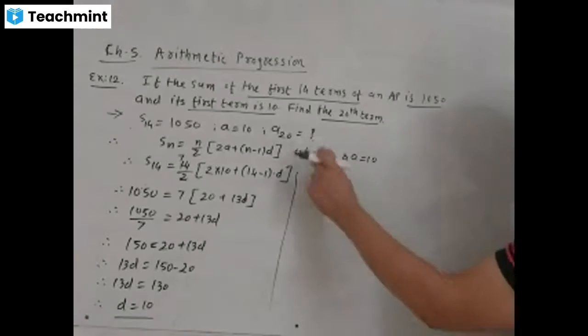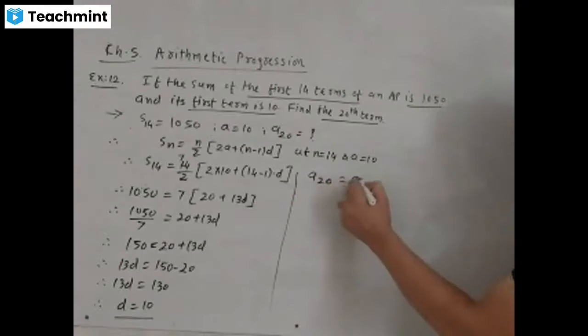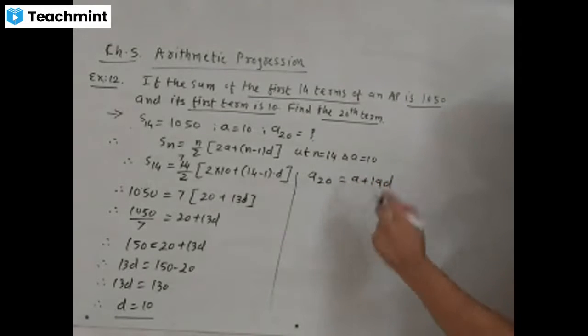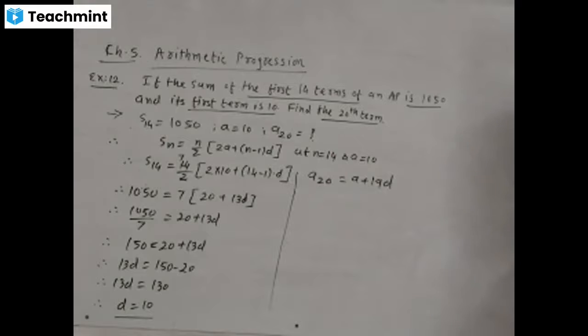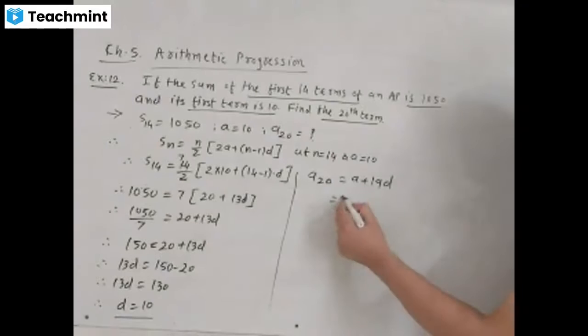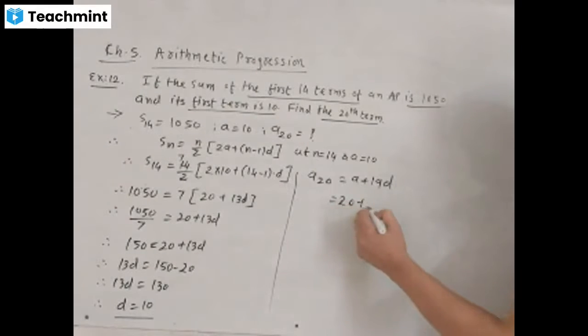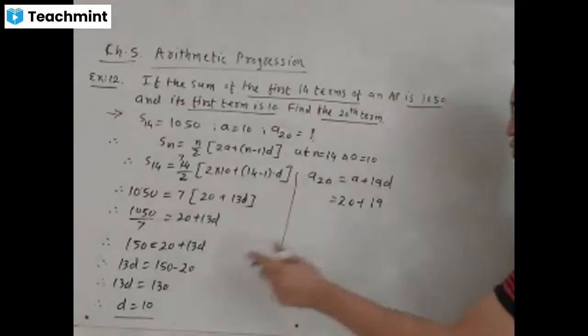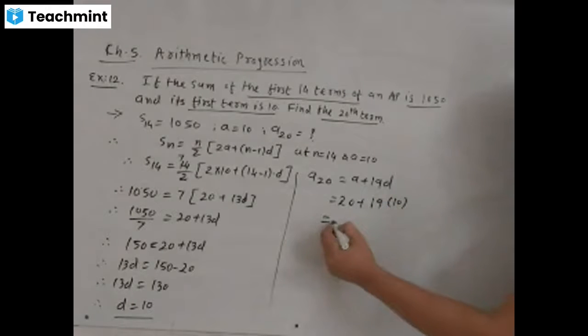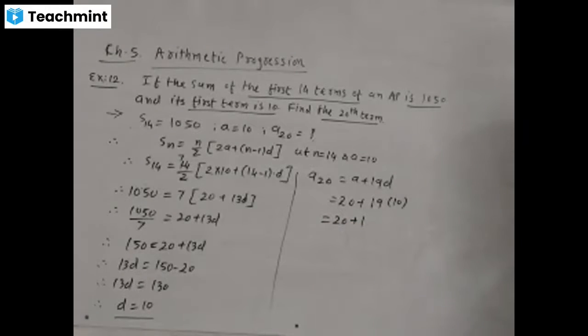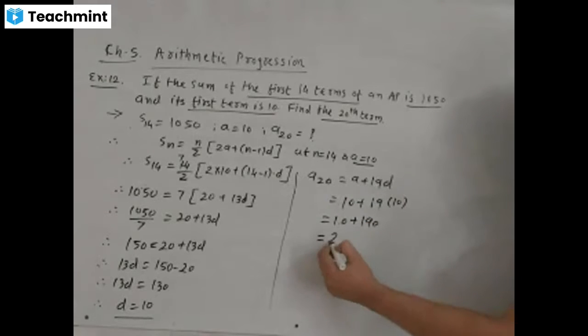What do we have to find? The value of A20. A20 is equal to a plus 19d. Yes or no? a plus 19d. What is the value of a? a is equal to 10, and d is equal to 10. 19 into 10 is 190. 10 plus 190, that is equal to 200.